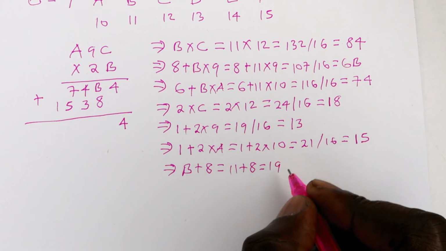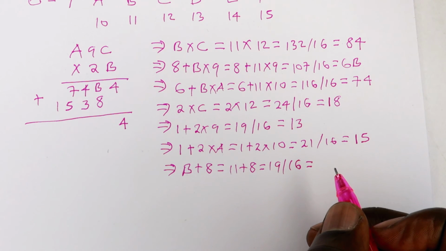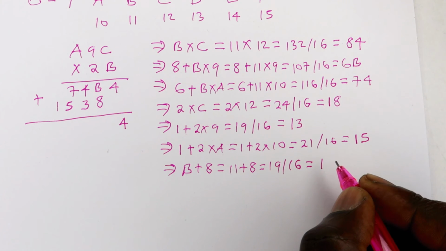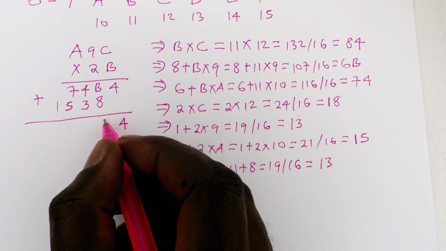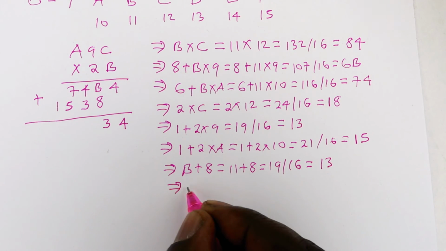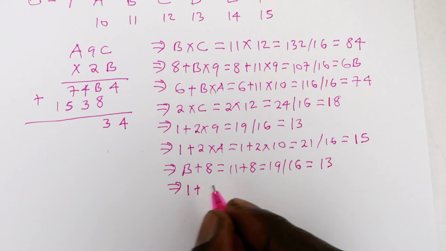And 19 is a decimal number, so divide by 16 to have the hexadecimal number. So 16 into 19 once, and then there's a remainder of 3. So you come and write 3 and bring the carry. So in the next line, you're going to have the carry plus the next addition, that is 4 plus 3.